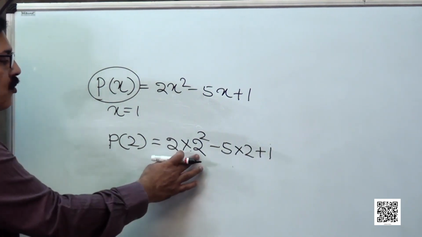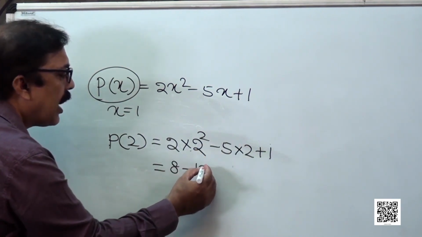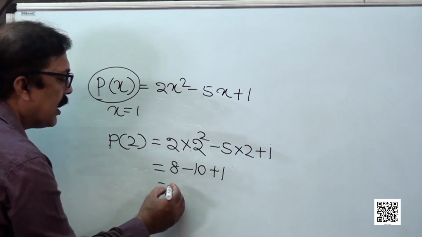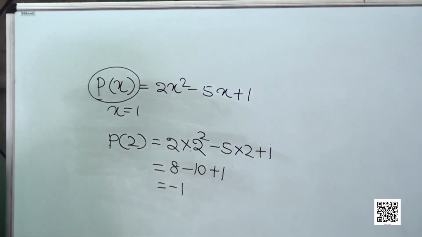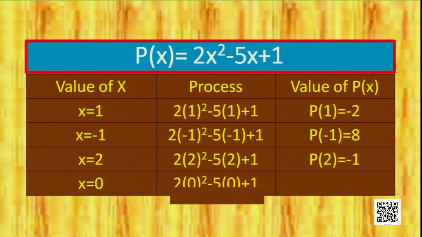So 2 into 2² is 8, minus 5 into 2 is 10, plus 1, that is −1. The value of the polynomial for x = 2 is −1. Similarly, for x = 0, 2 into 0 is 0, 5 into 0 is 0, and the rest is 1. So p(0) is 1.